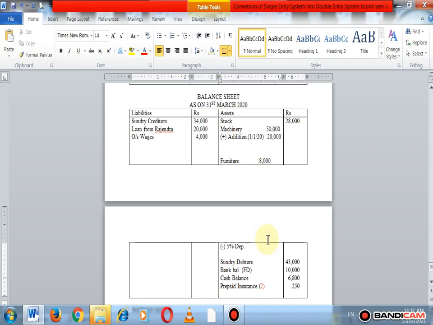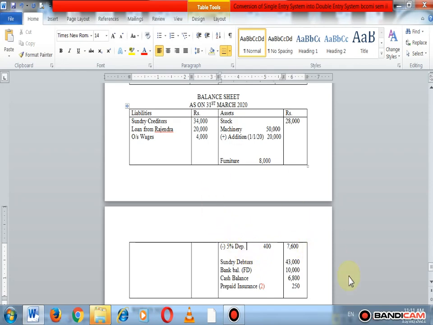So here 400, then we minus this 400 from 8,000 and the amount is 7,600. So this is the first effect.